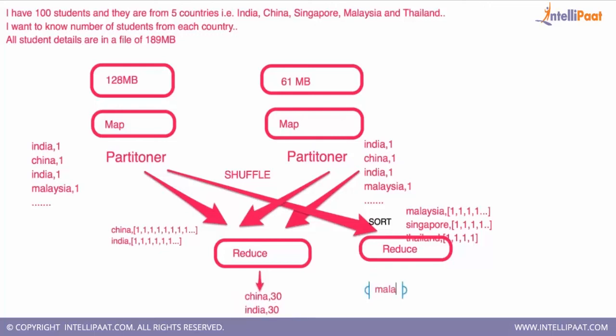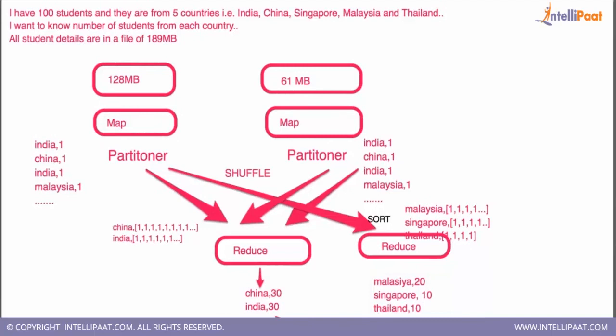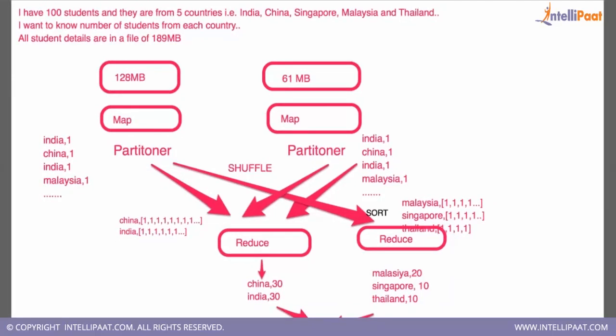And here I'll get Malaysia 20, Singapore 10, so it's 30, 80, and Thailand 10. Then the developer can just run a merge command, which will merge these two files, and the files are complete. That is possible because of the partitioner.